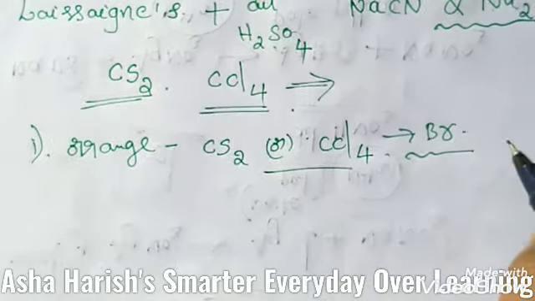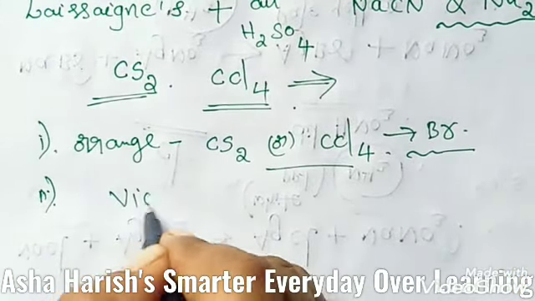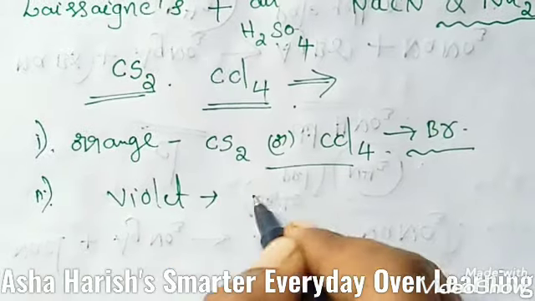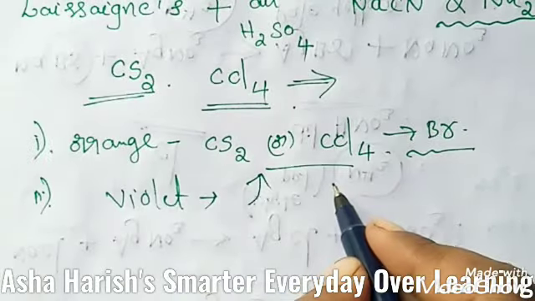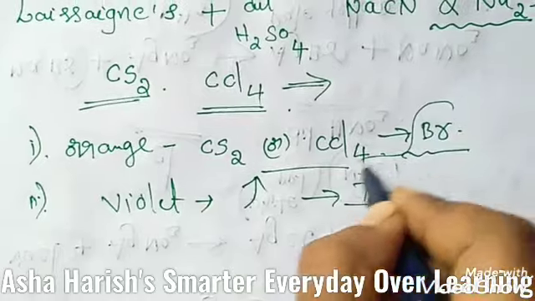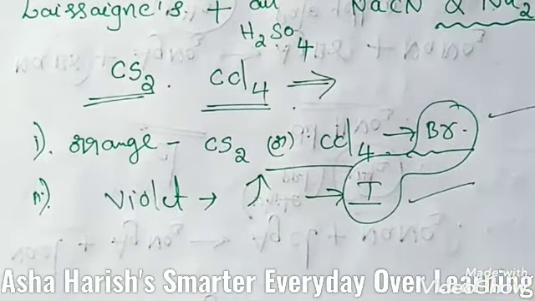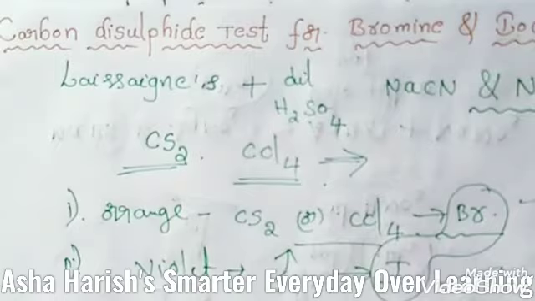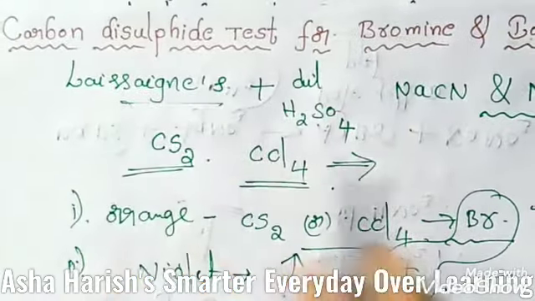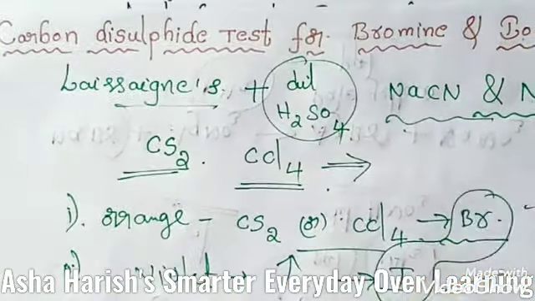And if you observe a violet color in the CS2 or CCl4 layer, this indicates the presence of iodine. These two are the color indications to detect bromine and iodine when you add dilute H2SO4 to the Lassaigne extract to decompose these two.